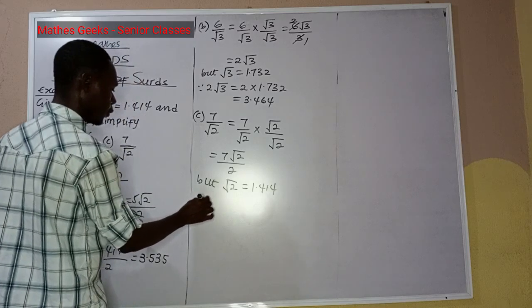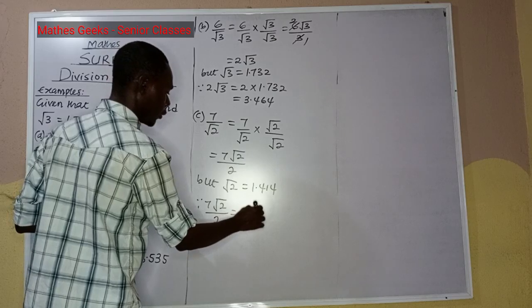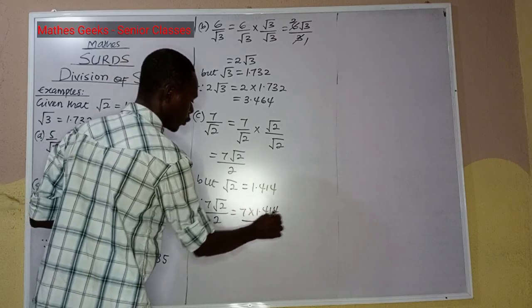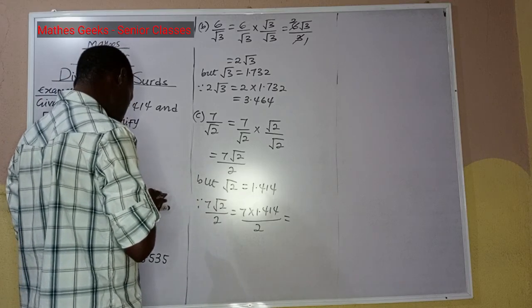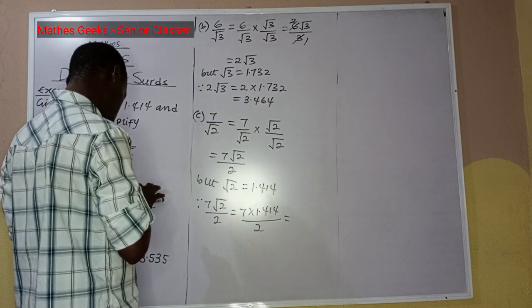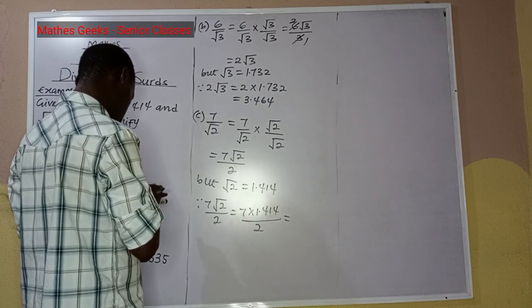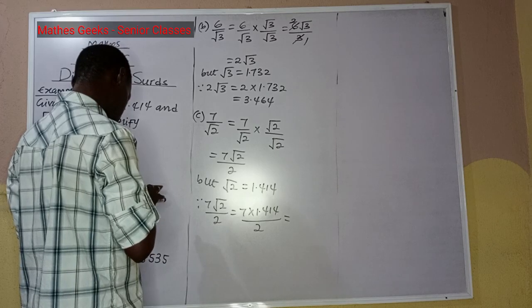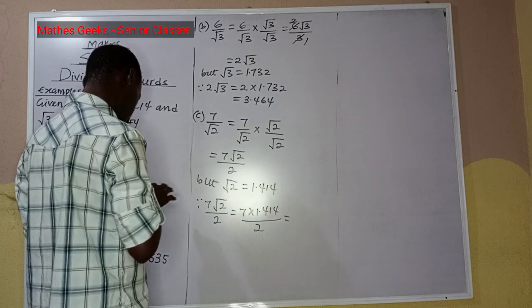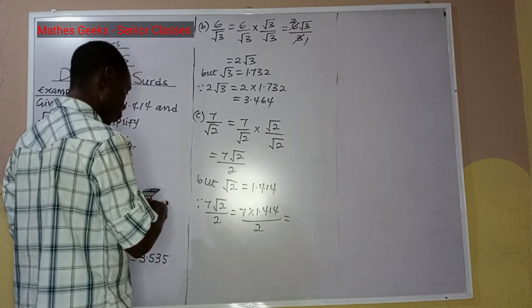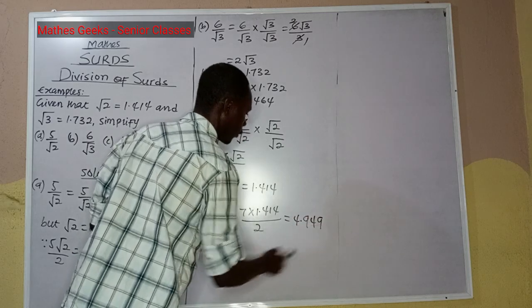So therefore 7 root 2 over 2 is equal to 7 times 1.414 over 2, and that is 4.949.